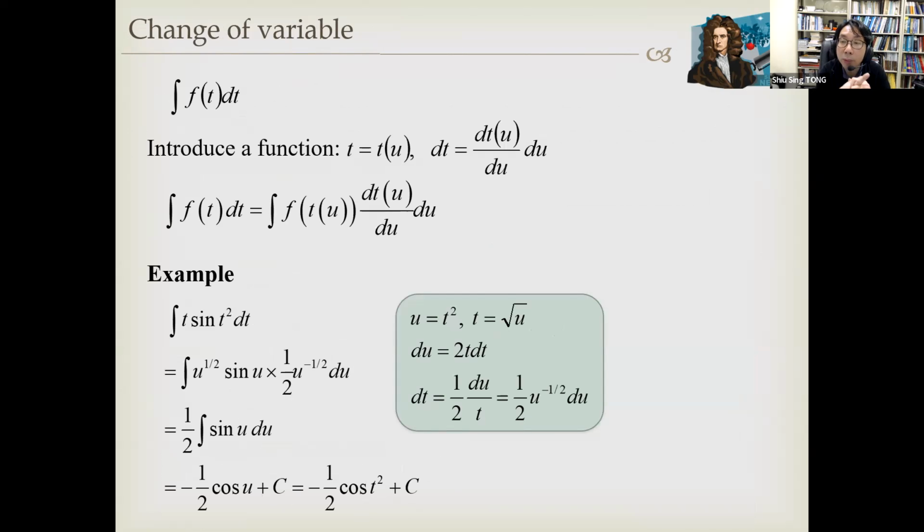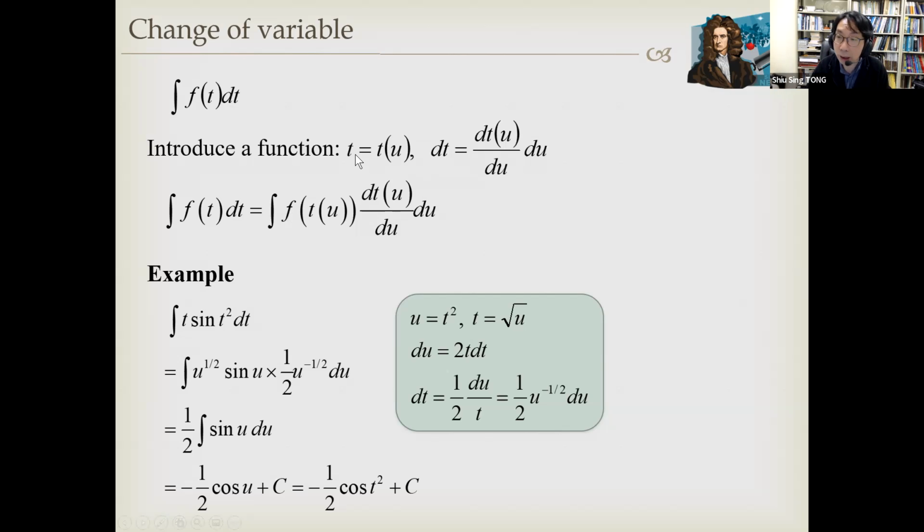The most useful method of integration will be the change of variable. What do we mean by change of variable? Basically, we introduce another function. What this function is is not important. The important thing is that after you introduce this function, you reduce the integral into a simpler form so that you can do the integration with the other variable. That is the idea.